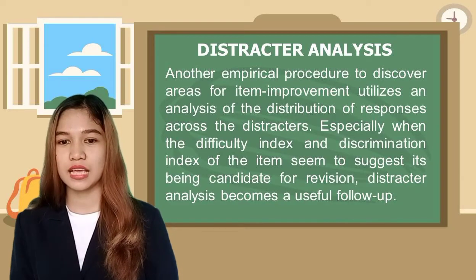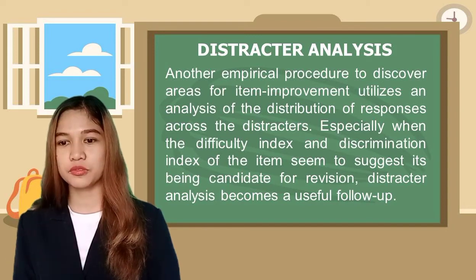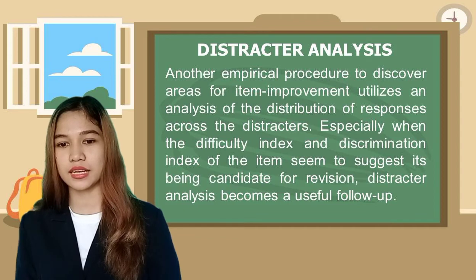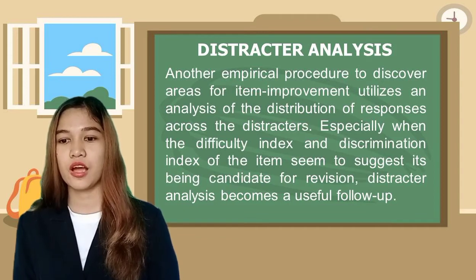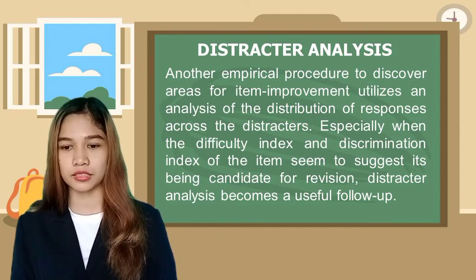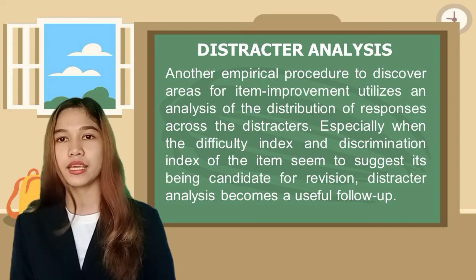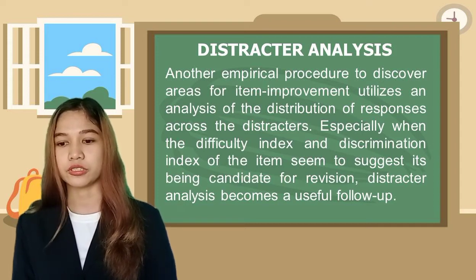Distractor analysis. Another empirical procedure to discover areas for item improvement utilizes an analysis of the distribution of responses across the distractors, especially when the difficulty index and discrimination index of the item seem to suggest it being a candidate for revision.